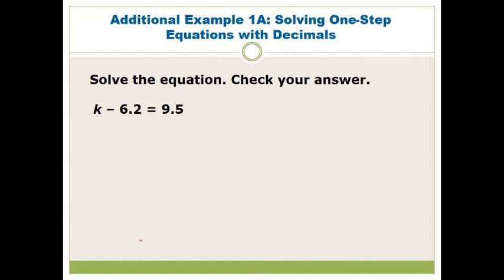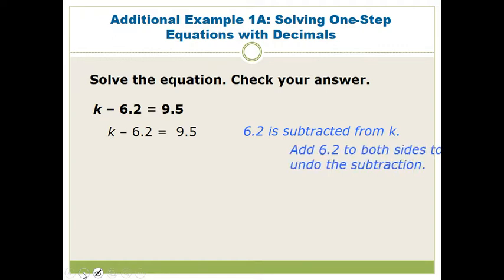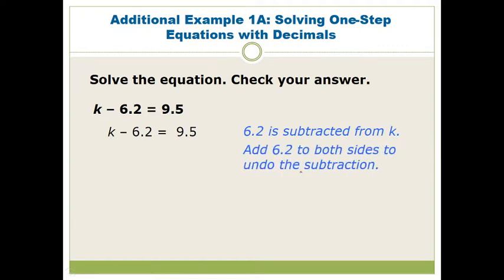So whatever is with the variable, that's what you're doing the opposite of to get that variable by itself. So in this case, 6.2 is being subtracted from k. Okay, well, to undo that, the opposite of subtraction is addition. So we need to add the 6.2 to both sides.